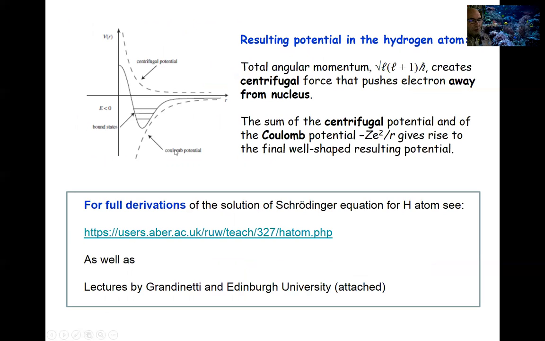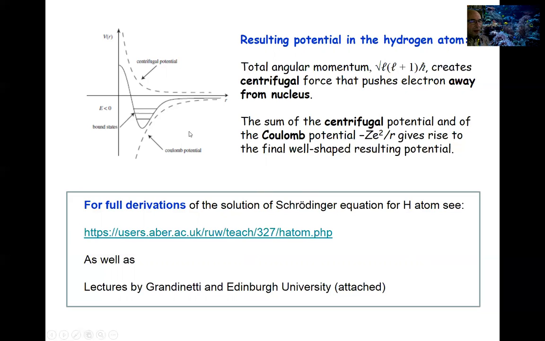An important observation is that if you go to higher values of L, the total angular momentum creates a centrifugal force that pushes electrons away from the nucleus. And so the sum of the centrifugal potential and the Coulomb potential gives rise to a finite well potential. So it's not simply the Coulomb potential; we also have a centrifugal potential.